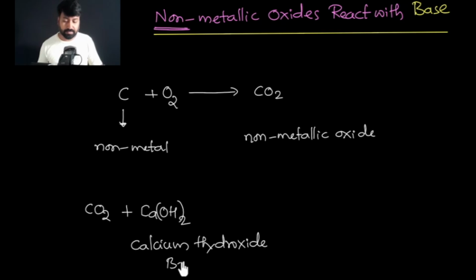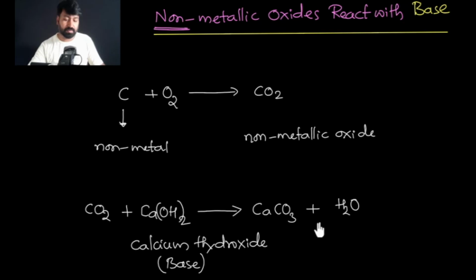It's a base. Now carbon dioxide reacts with the calcium hydroxide. This kind of reaction we have discussed in the previous class also, and we can see what product is formed here. Calcium hydroxide reacts with carbon dioxide, forming salt. The salt CaCO3 is produced, along with H2O, water.